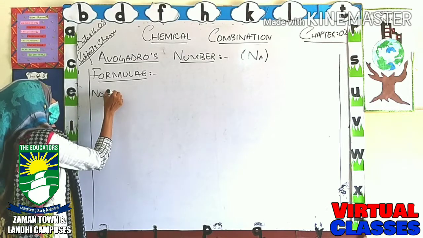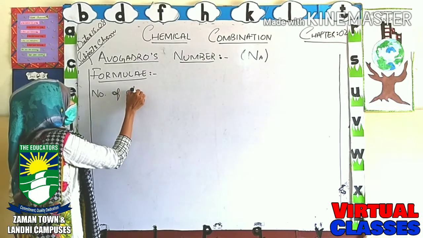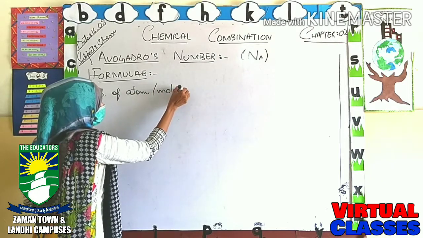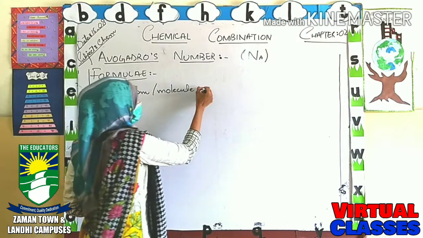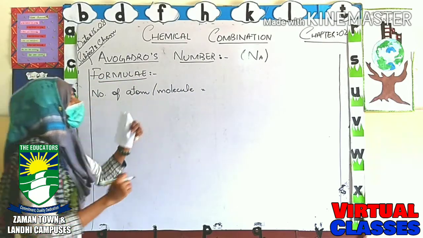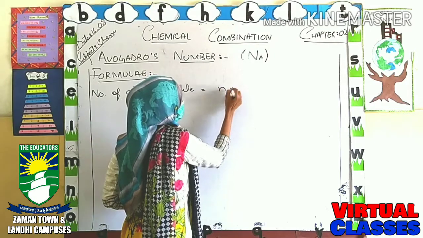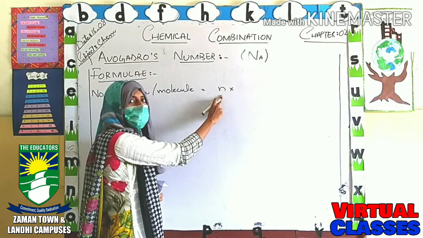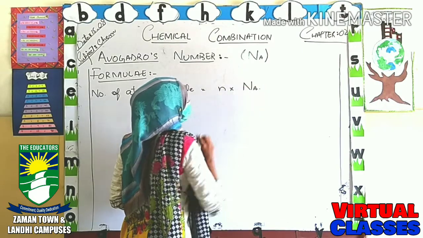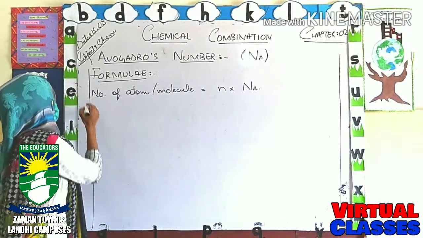First, to calculate the number of atoms or molecules, the formula would be n, the number of moles, multiplied by Avogadro number.